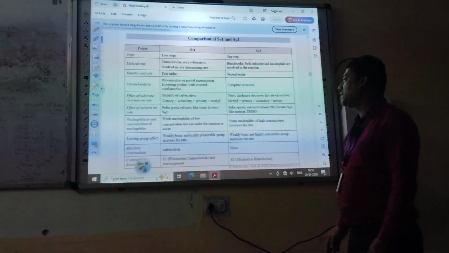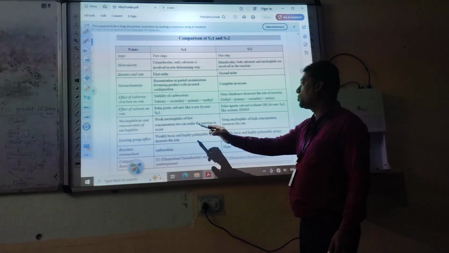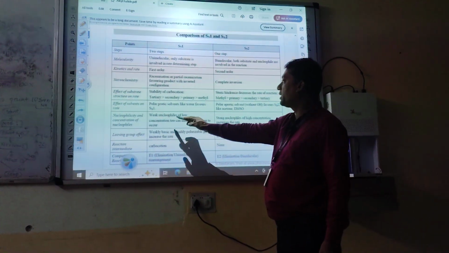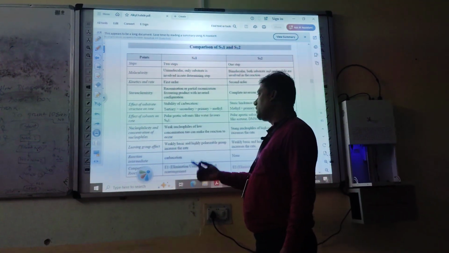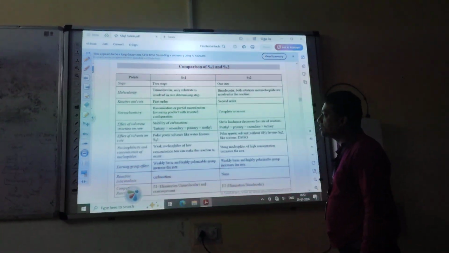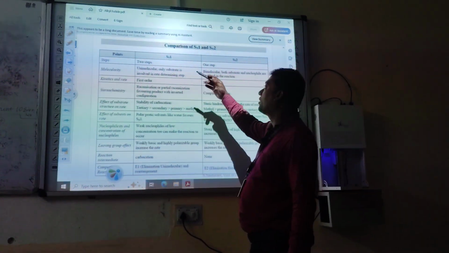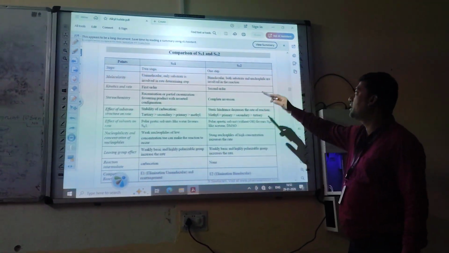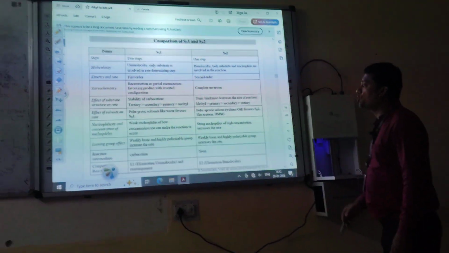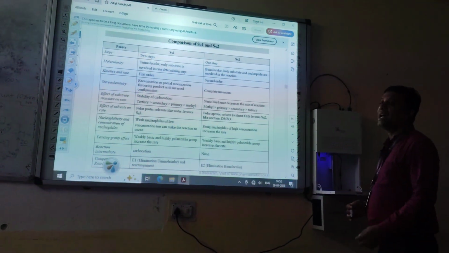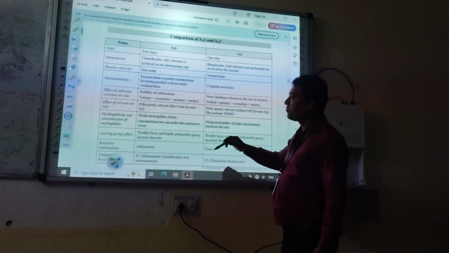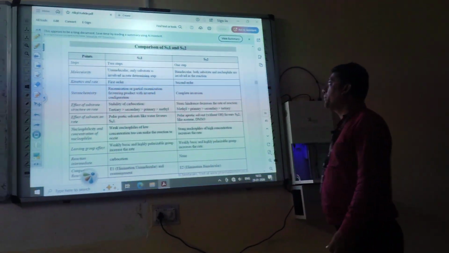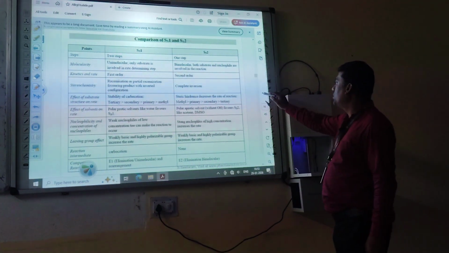In SN1, weak nucleophiles at low concentration can also make the reaction occur, but in SN2 strong nucleophiles are required in high concentration. These are the comparisons between the SN1 and SN2 reactions.